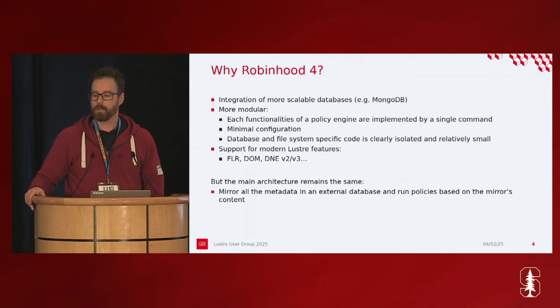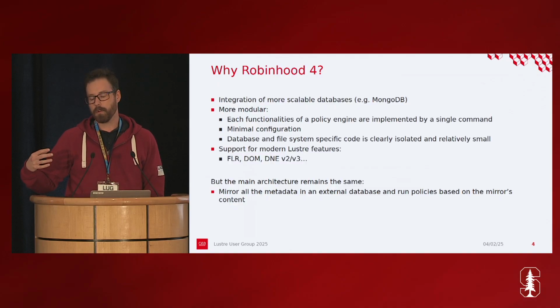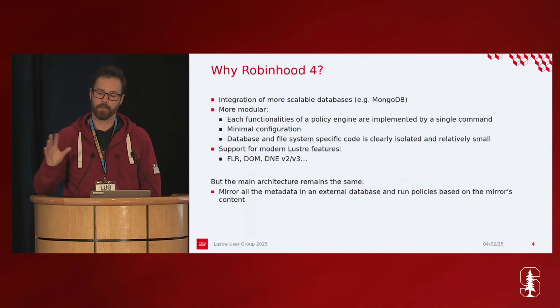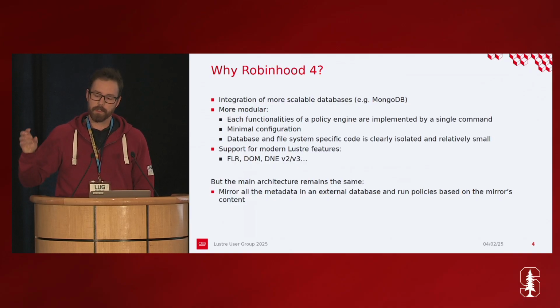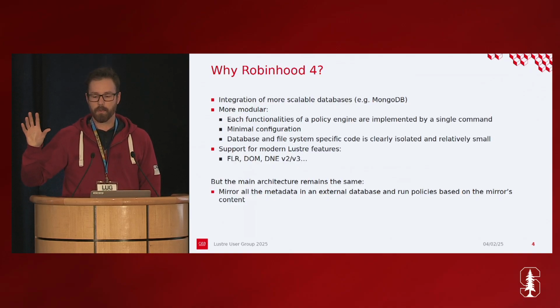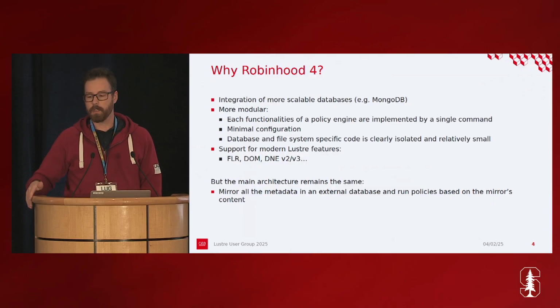So they wanted to use more scalable databases. At the time, they chose MongoDB. And the idea was to have something that is more modular, where you could essentially use Robinhood in very different ways, depending on what you want to achieve. And we'll see that later. In Robinhood 4, you have basically a dedicated tool for each use case.